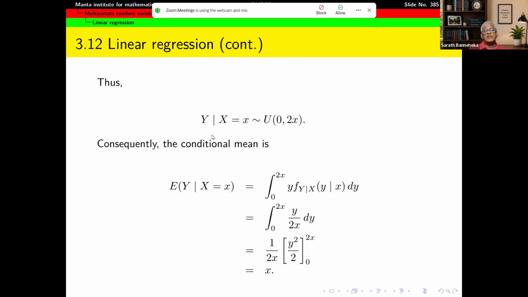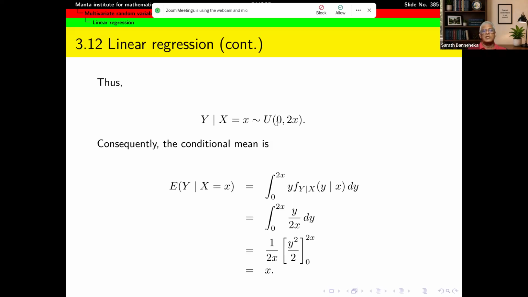So y given x is uniform between 0 and 2x, and the conditional mean you can obtain either by the definition like this, or by directly using the known properties of the uniform distribution. We know that if a uniform is on an interval a, b, then the mean is a plus b divided by 2.